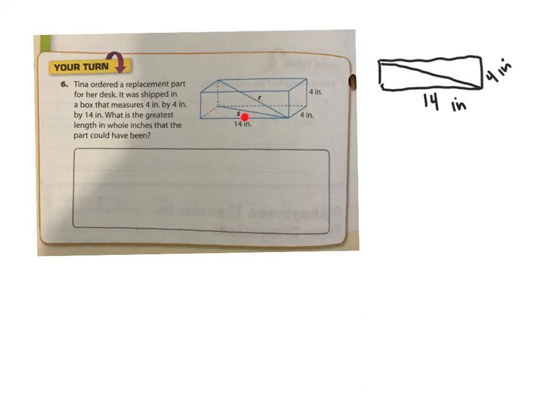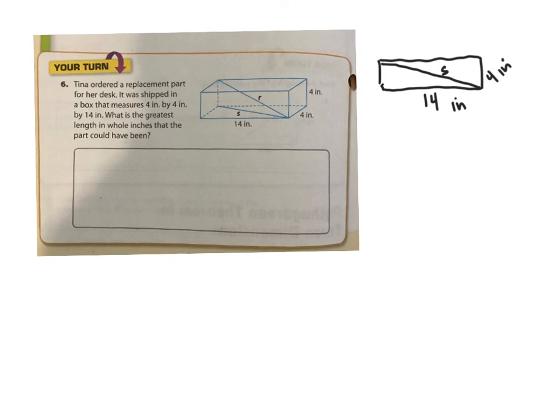This is representing just the bottom of this box in flat form, so my brain likes it. And S is my hypotenuse. So we want to first find this length, because once we know this length, then we can use that times the 4 here for this triangle to find the hypotenuse of that. So we've got to find the hypotenuse of the bottom of the box to get that length so that we can get the hypotenuse of another. Tricky, but you have all the skills to do it.